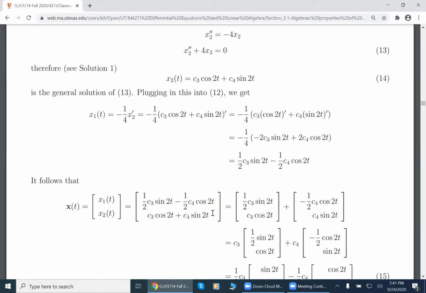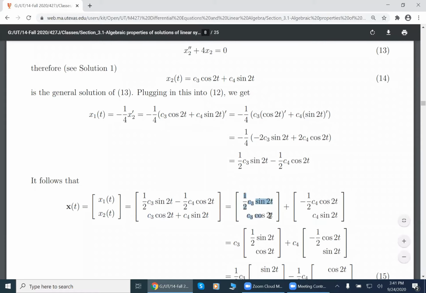Now let us rewrite it in an equivalent way. We can split this matrix column into two pieces. This, which is over here, plus this, which is over here.